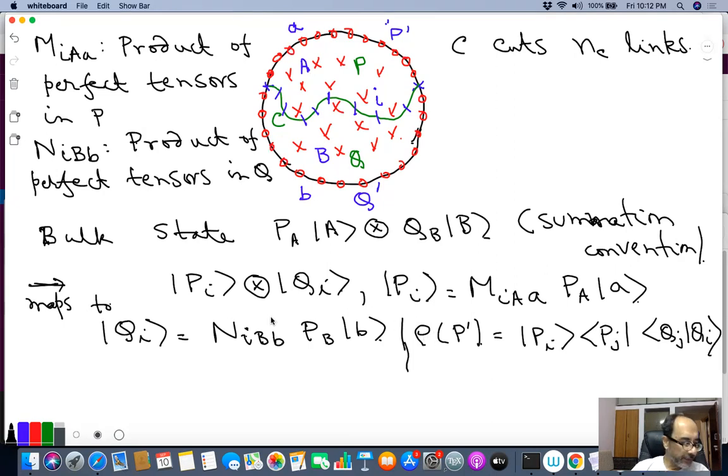And we calculated S of rho. And what we found is that S of rho of P prime is less than or equal to N_C log 2.